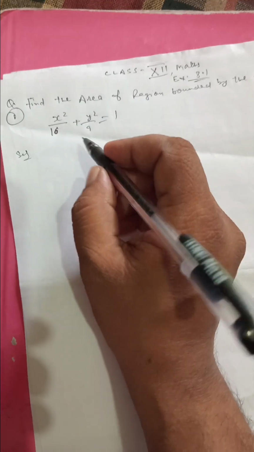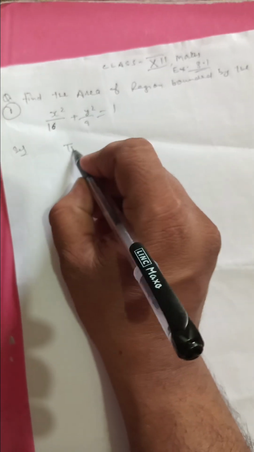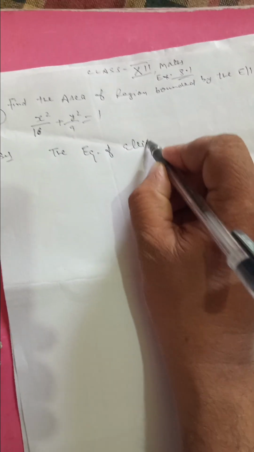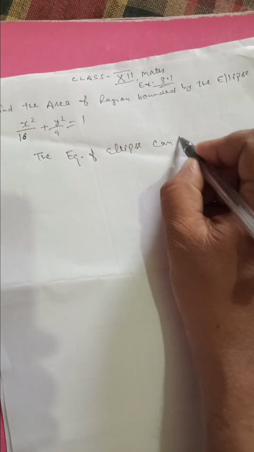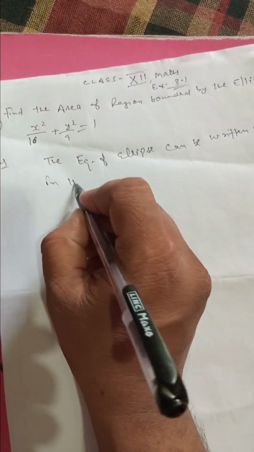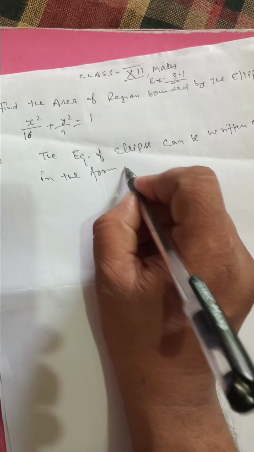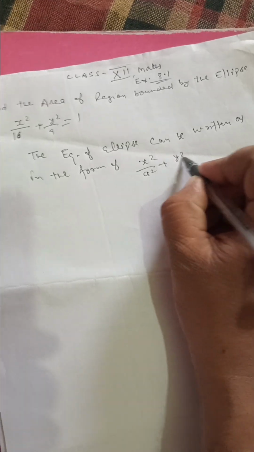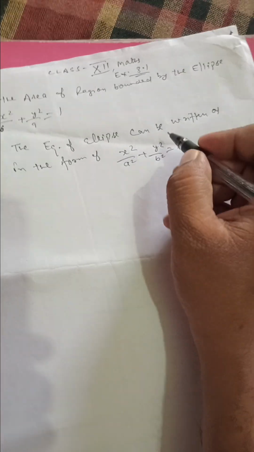Because we know that the equation of the ellipse can be written in the form of x square over a square plus y square over b square equal to 1.